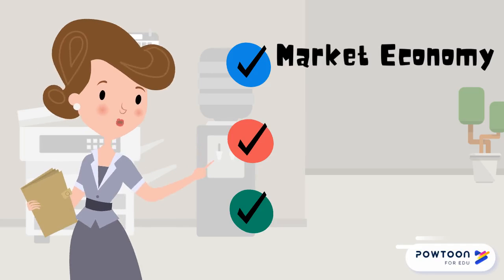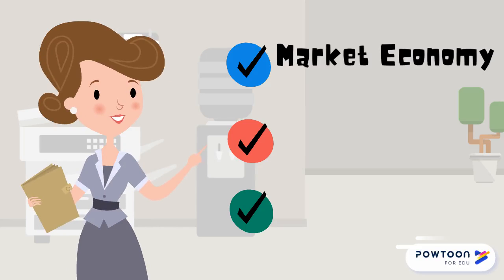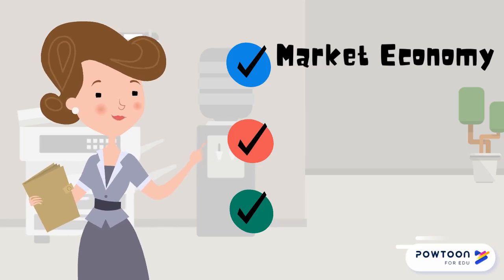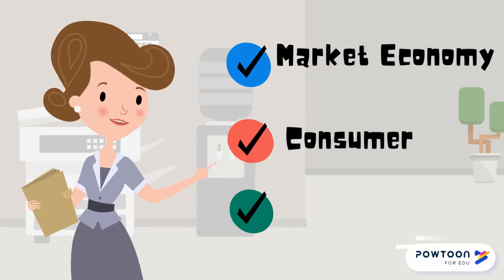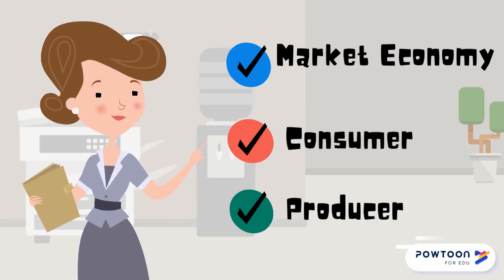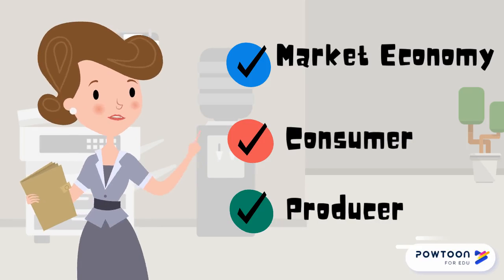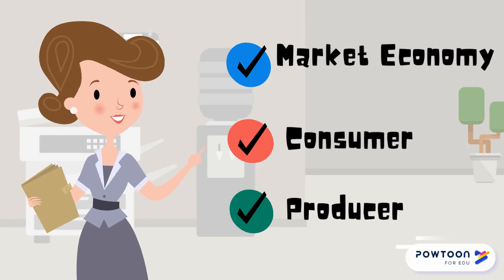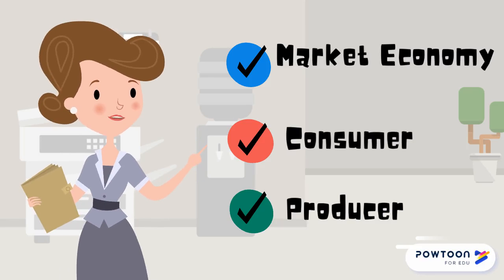In a market economy, buyers and sellers use the marketplace to make economic decisions. Buying decisions are made by consumers. A consumer is a person who buys and uses goods and services. Successful producers must pay close attention to the needs and experiences of consumers. Producers are individuals and organizations that determine what products and services will be available for sale.